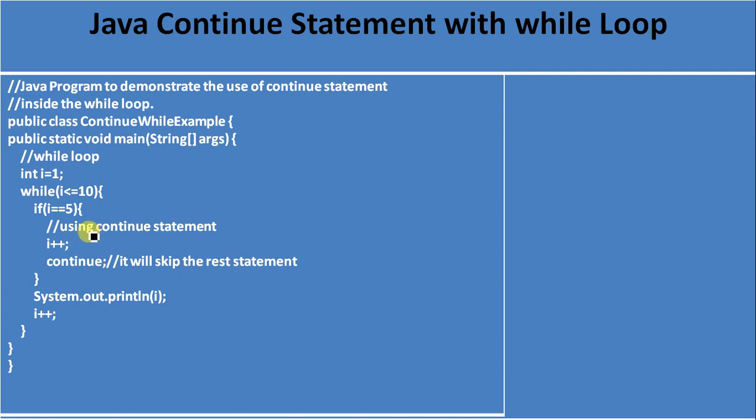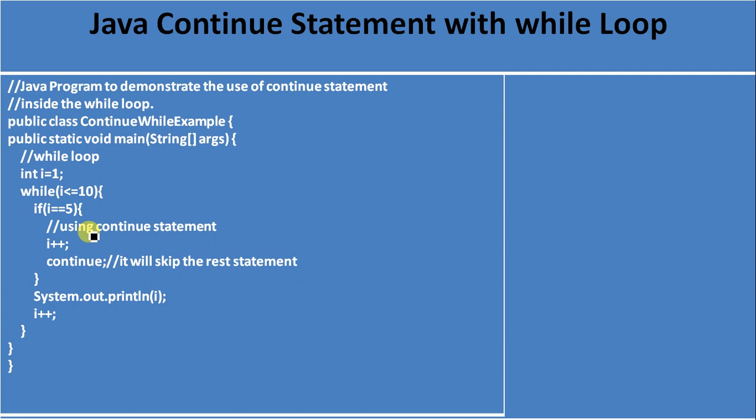Basically, this program is printing 1 to 10 by using the while loop, but we want to skip 5. When this program executes, 5 should not be printed. So we are putting one condition, i equal to 5, and at this condition we are going to continue the execution.